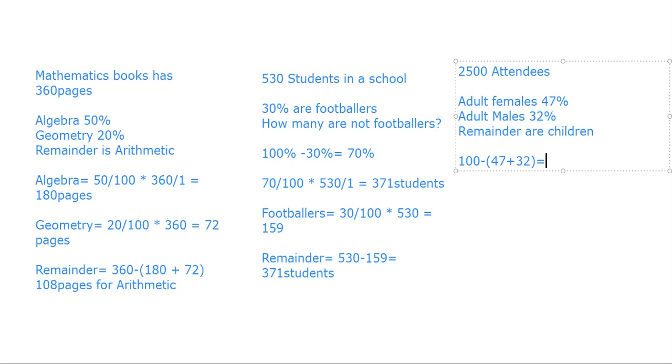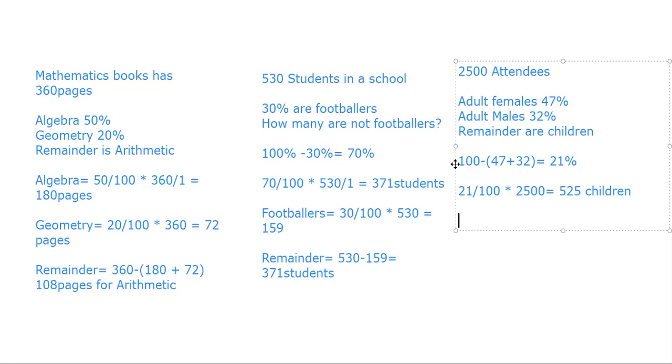So 47 plus 32 is 79, and 100 minus 79 is 21% for children. And we could have put 21 over 100 multiplied by 2500, which is equal to 525 children.